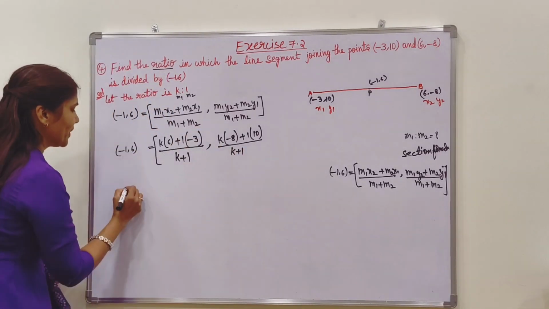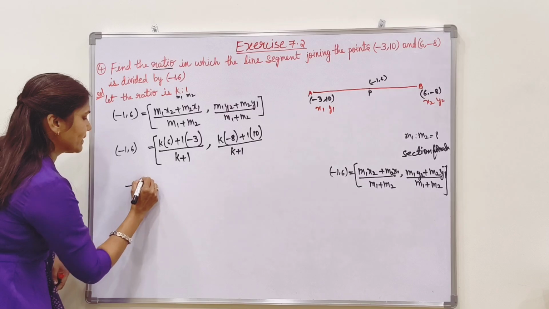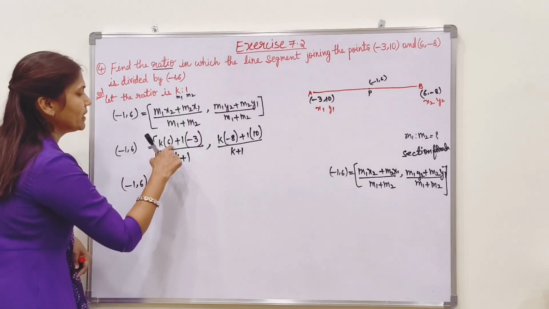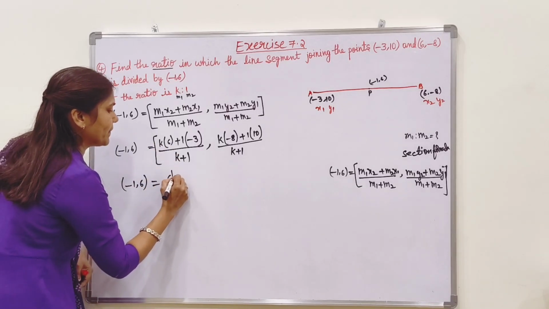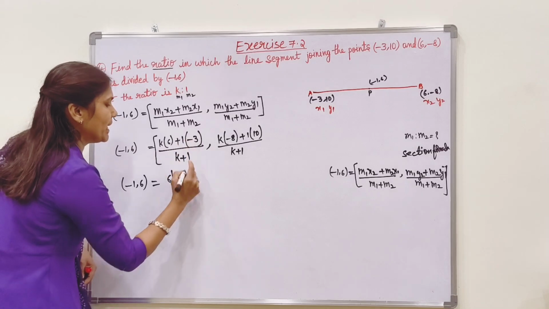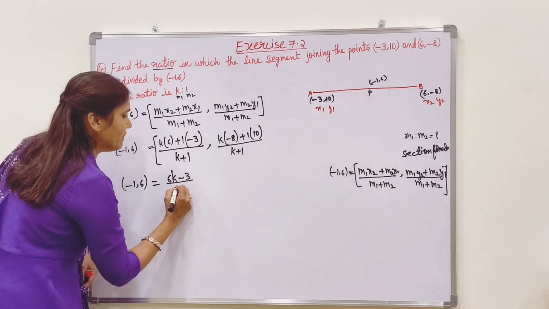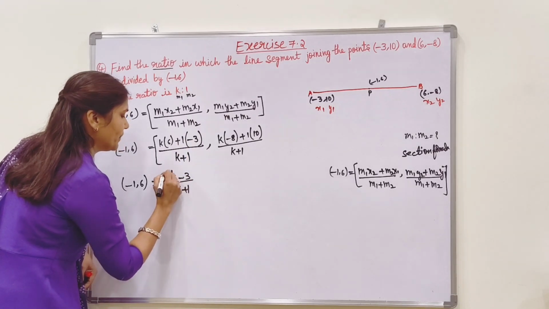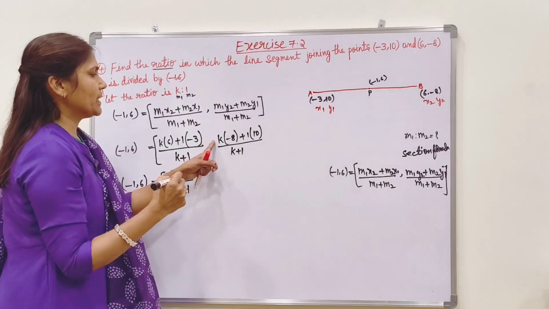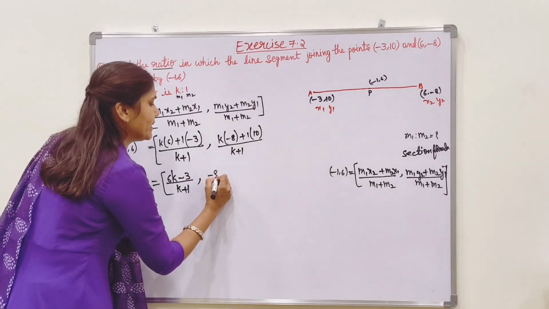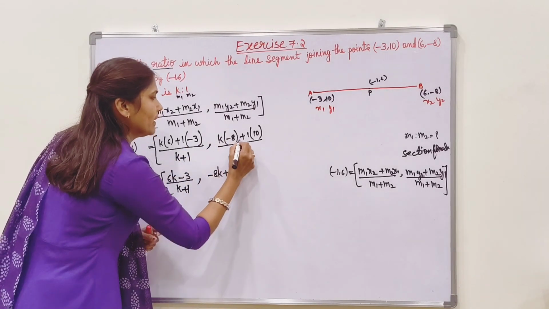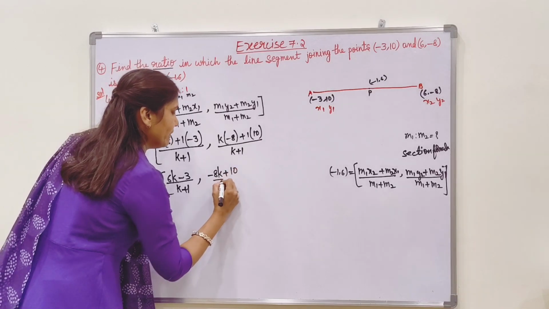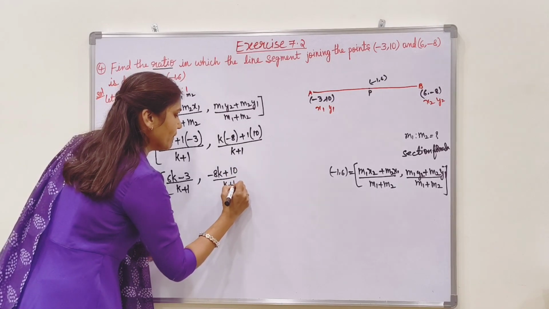Now (-1, 6) equals 6K plus (1 into -3), that is -3, divided by K plus 1, and -8K plus 10, divided by K plus 1.